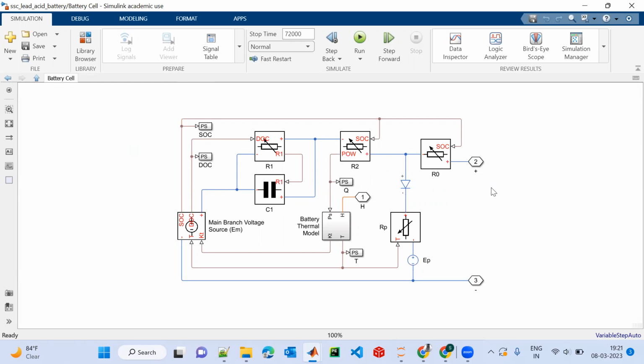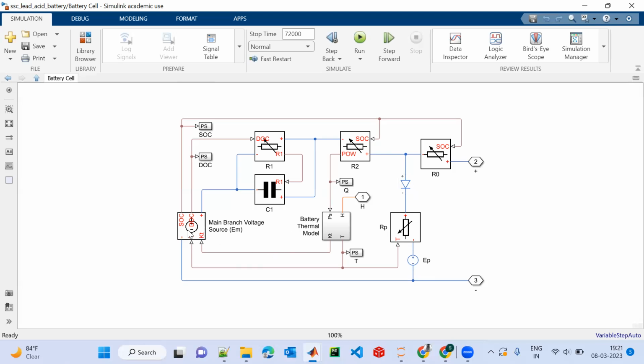The structure consists of two main parts: the main branch, so basically this is the main branch voltage source and this is the main branch, which approximates the battery dynamics under most conditions, and a parasitic branch, which accounts for the battery behavior at the end of charge. So this is the parasitic branch.